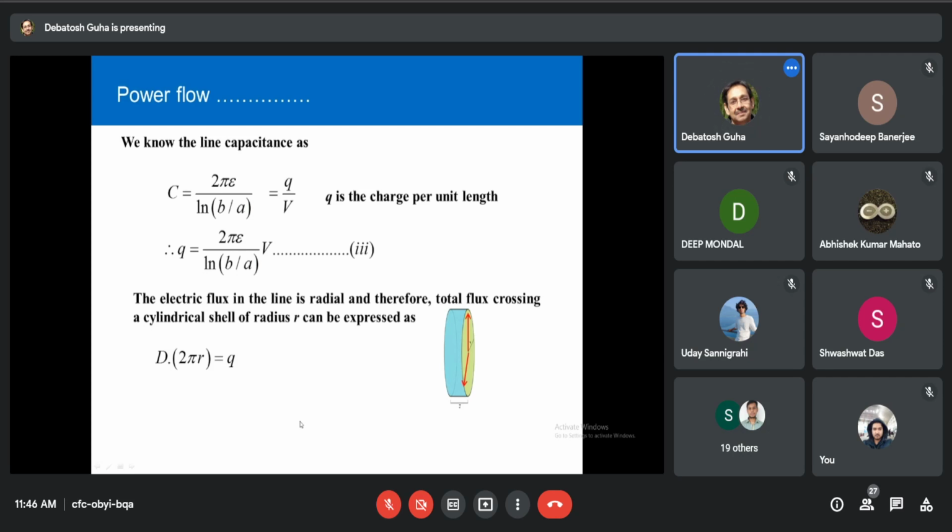It is from Gauss, you know. So this charge is distributed per unit length on the primary conductor, that is the central conductor. And surrounding this, there is one unit length cell, 2 pi r. So D twice pi r, total normal induction, that is equal to Q, total charge enclosed in this area.